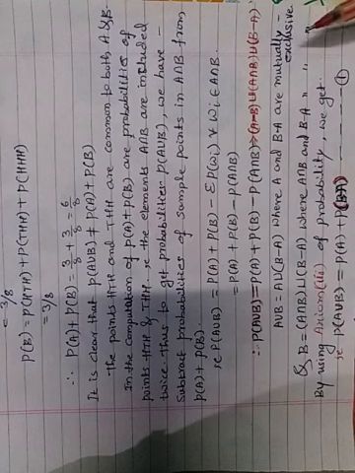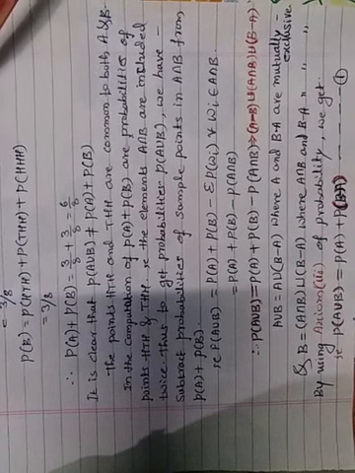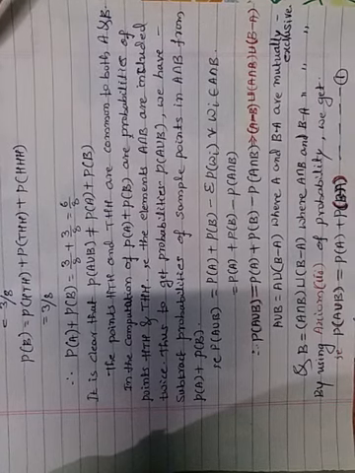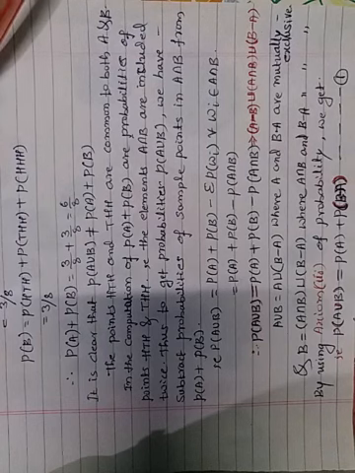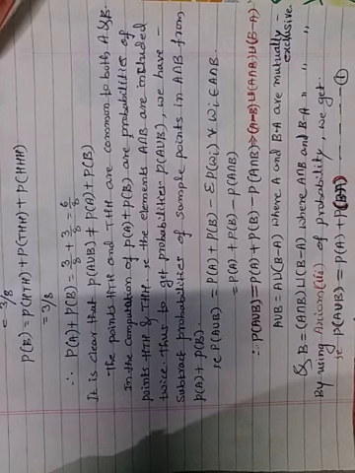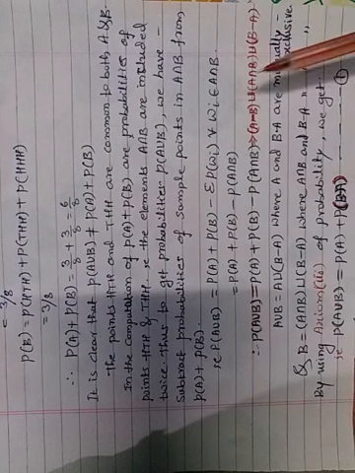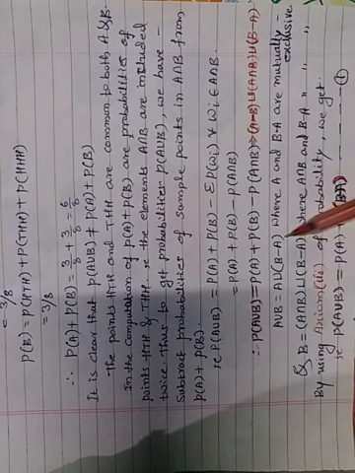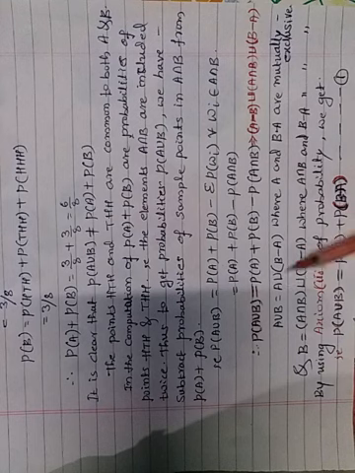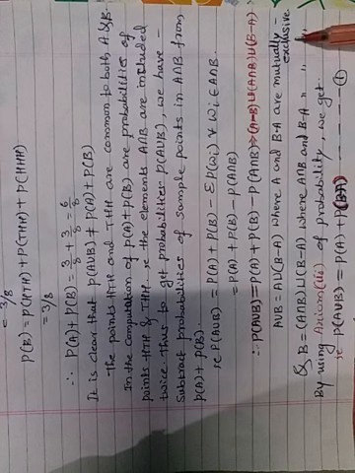Is it understood? Here, for the events A union B, the value of the probability of A union B, if all the outcomes are equally likely outcomes. But here A union B is equal to A union (B minus A), where A and B minus A are mutually exclusive events.